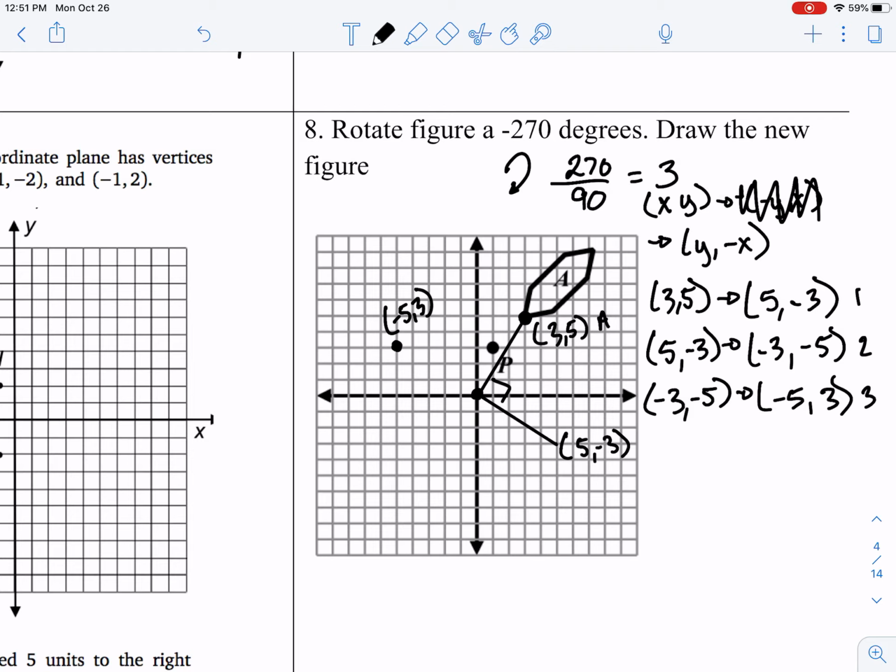Now I'm going to do the opposite reciprocal of this. Okay? So 5, negative 3. Or excuse me, it would be negative 3, negative 5.